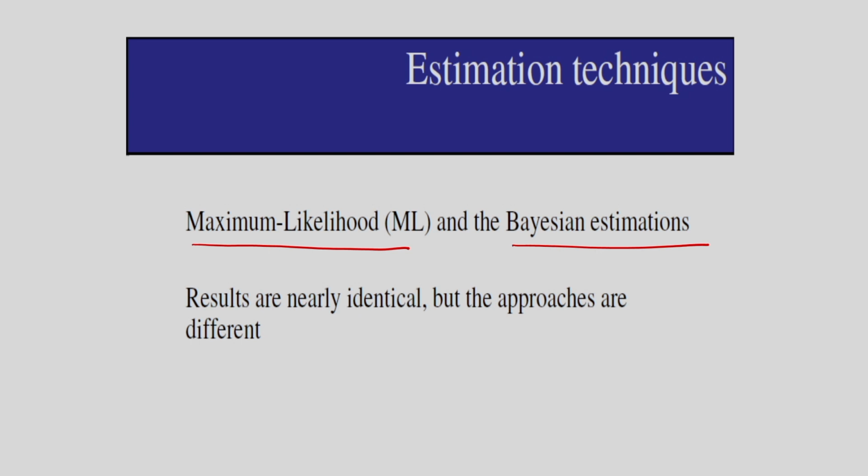In the case of Bayesian estimation, the computational complexity is more as compared to maximum likelihood estimation. In Bayesian estimation, I have to determine the multidimensional integration. I will explain this, but in maximum likelihood estimation, I have to determine the differentiation. That is why Bayesian estimation is more computationally complex as compared to maximum likelihood estimation.